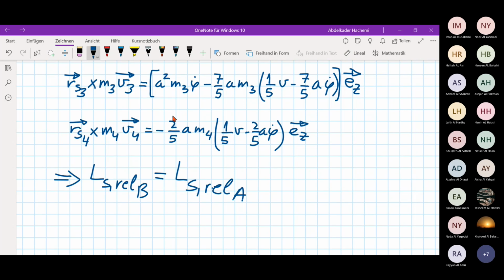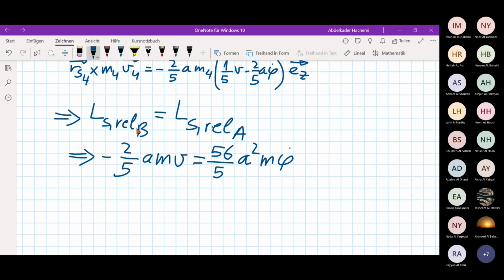Then if we replace, we will have minus 2 times 2 divided by 5 A and V. This will be equal to 56 divided by 5 A square phi dot.